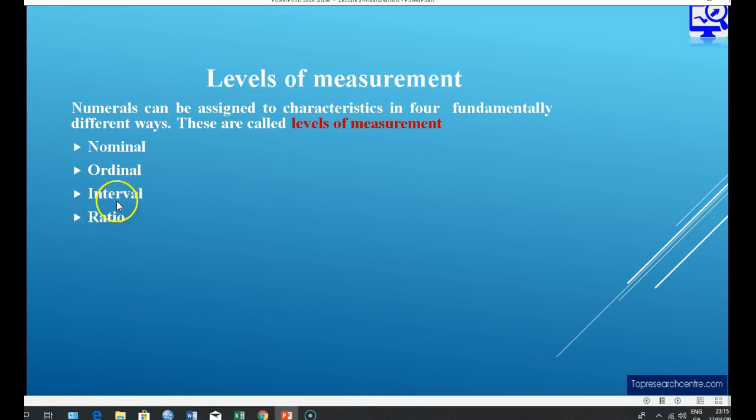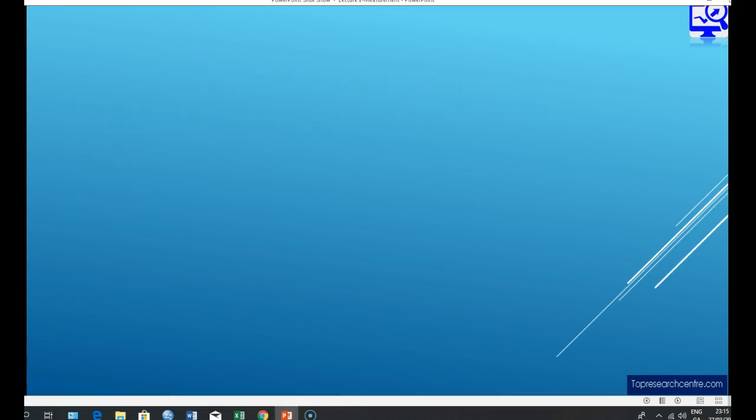Remember, in SPSS, these last two are both under scale. So I'm going to look at each and every level of measurement in detail and try to explain so that you can understand what we mean when we're talking of level of measurement.